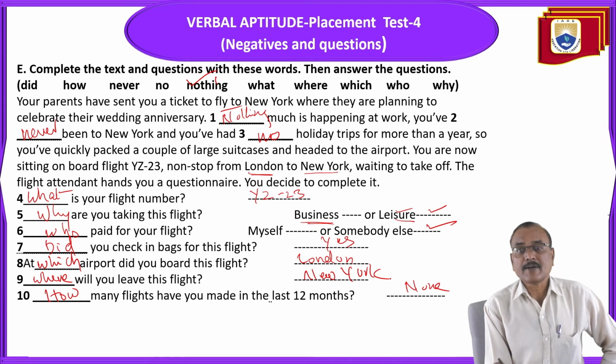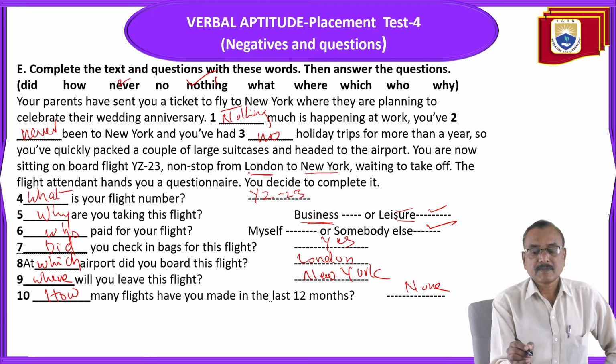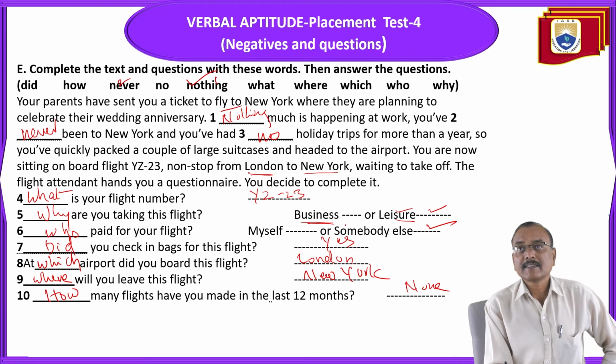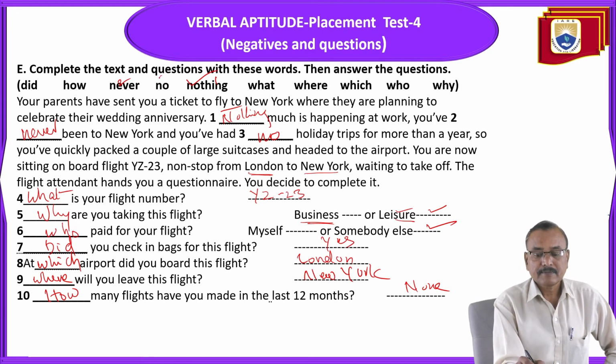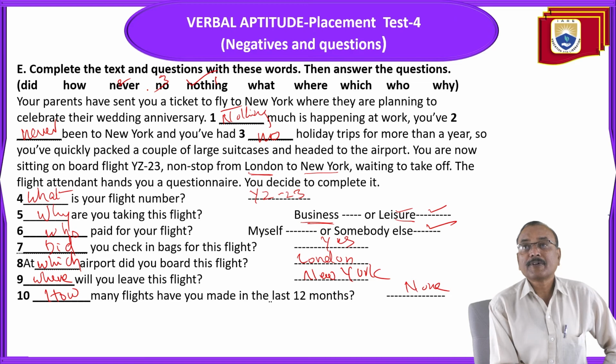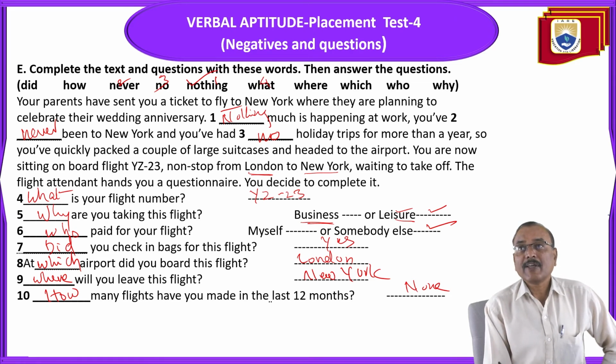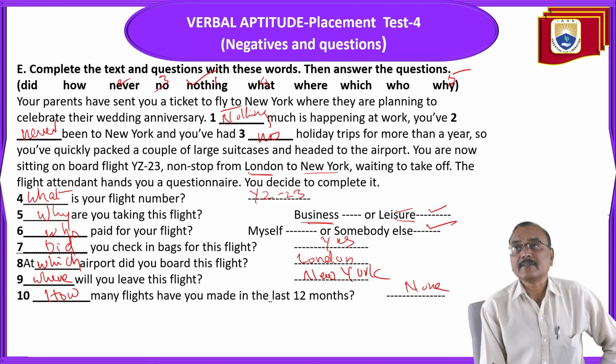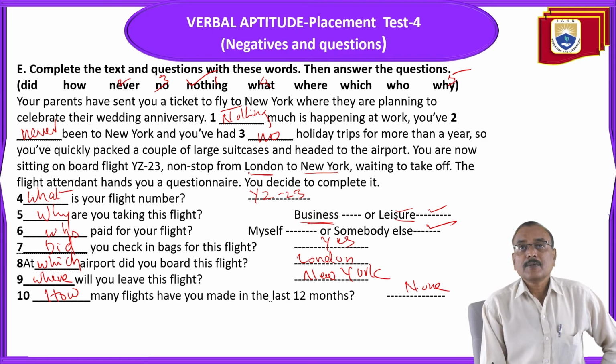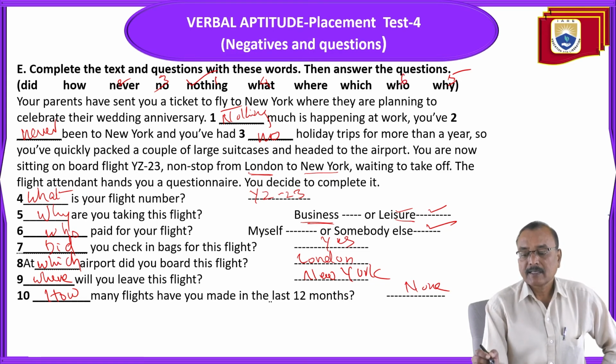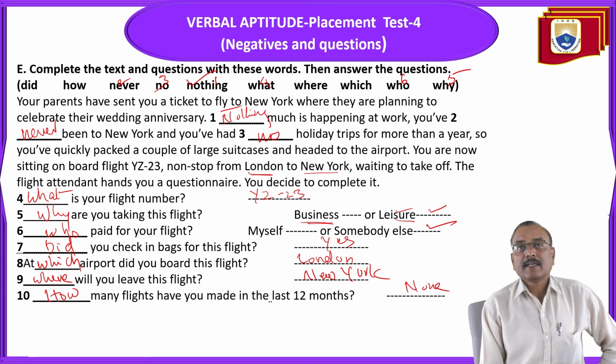Option number 1, never 2. Is it clear? Right? No 3. What 4. Why 5. This is 5, check it. Next, who paid you? Who is 6. Here it is 6. Next, did is 7.